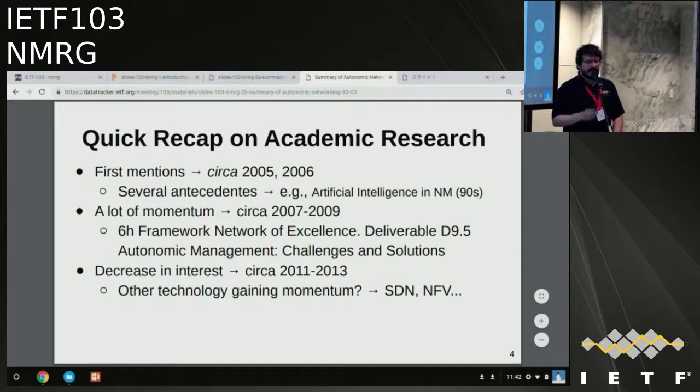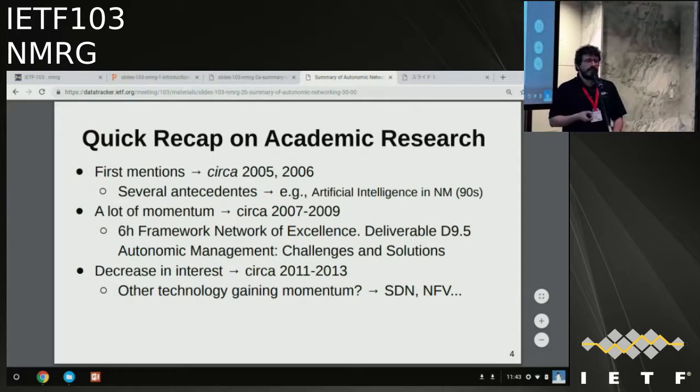For example, there is the Emanics network of excellence, and one of the deliverables of this initiative was autonomic management challenges and solutions. So there were a lot of investigation initiatives on this term at that time. Then there was a decrease in interest around 2011 to 2013, maybe because other technologies were gaining momentum at that time, for example, SDN and NFV.